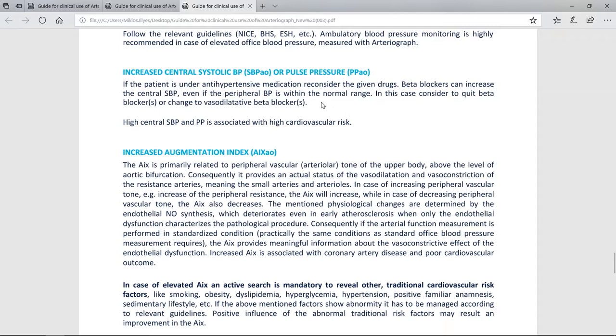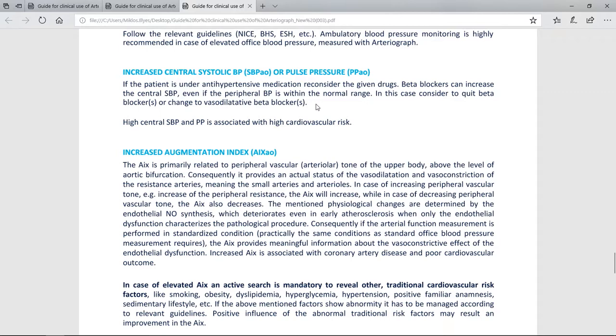Furthermore, it is very important to mention that sometimes we find a young male subject who is suffering from isolated systolic high blood pressure. If we didn't measure the central blood pressure, we would base our decision on the peripheral systolic blood pressure. Slowly but surely, we could start an antihypertensive drug, in most cases unnecessarily.